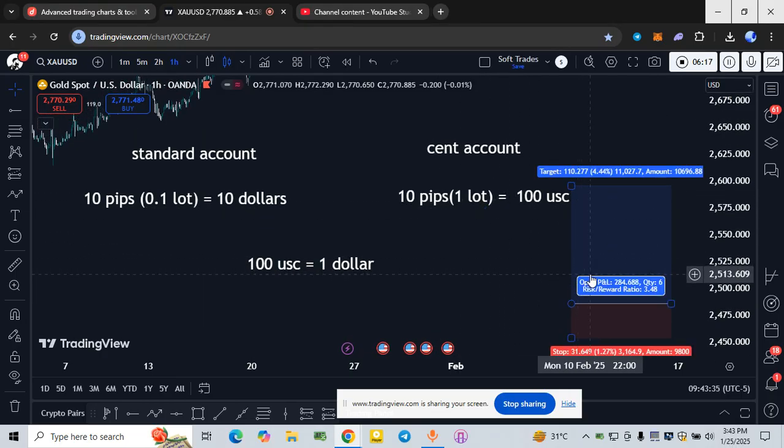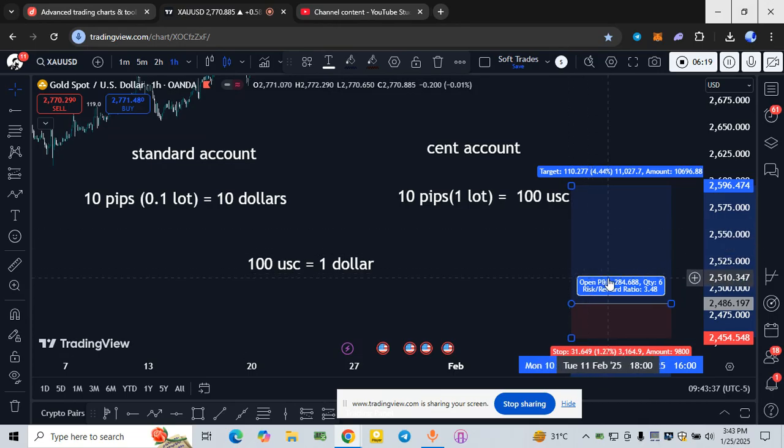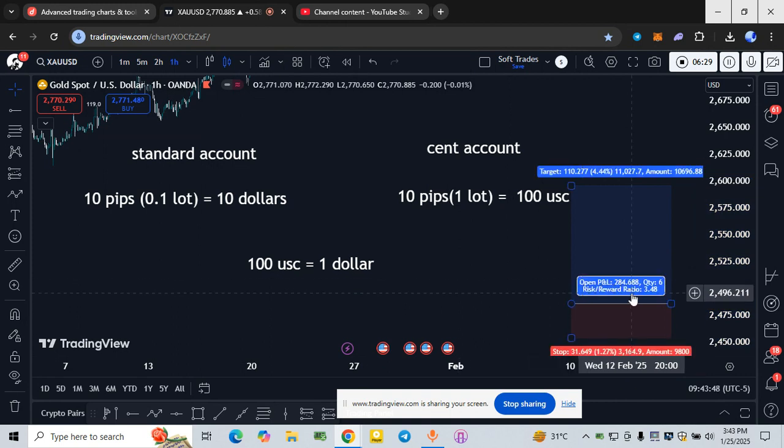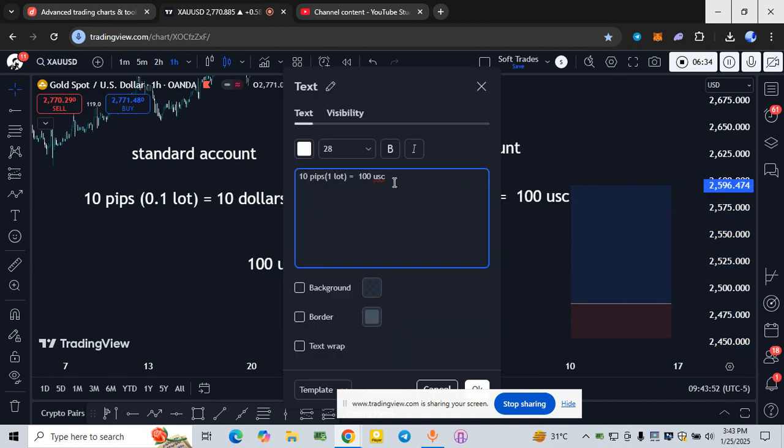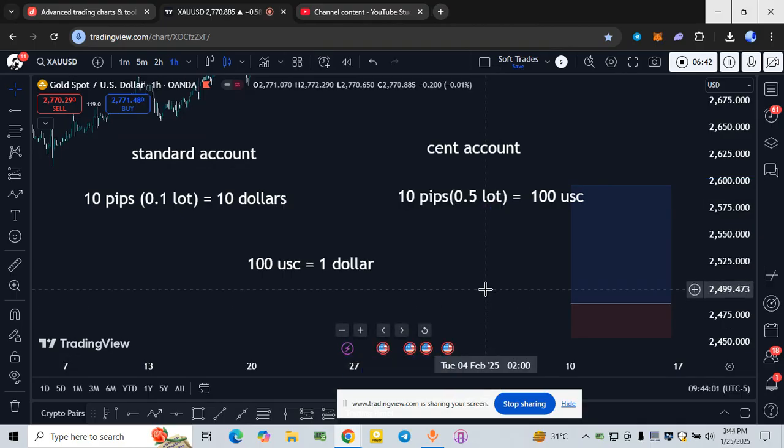So it all depends on how much you are willing to risk in this particular trade. That will determine the size you are going to use. So in this trade, if I want to risk $0.5, all I need to do is use 0.5 lot size in that particular trade.